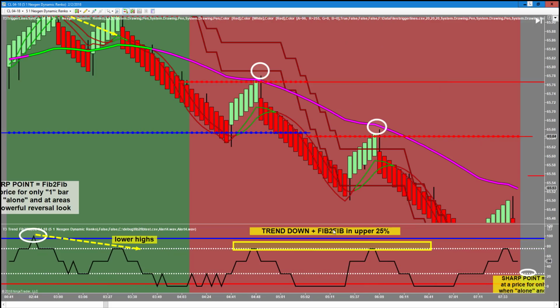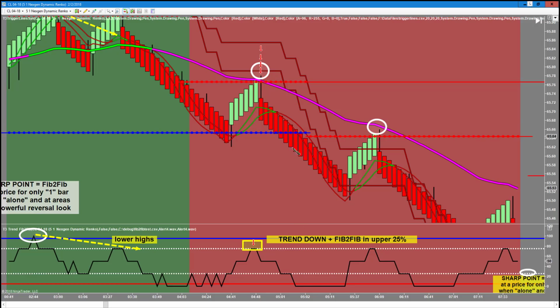So the same way we use the Fib to Fib oscillator in the lower 25% for long trades, we're going to use the Fib to Fib oscillator in the upper 25% for short trades to help us define when and where we can start looking for a potential trade with the background color, with the small triggers below the synthetic triggers, with the Fib to Fib oscillator at the 75 or 100 upper 25%.